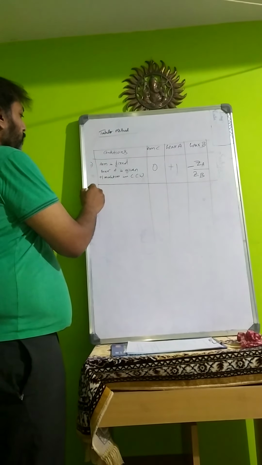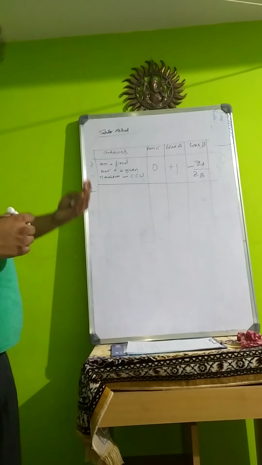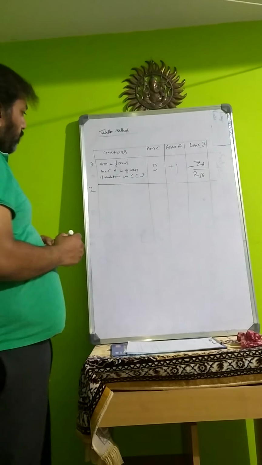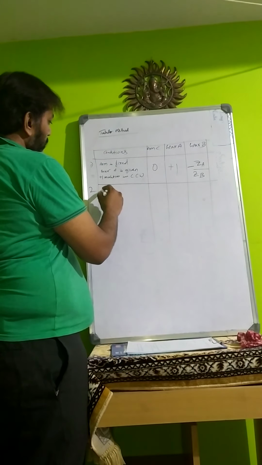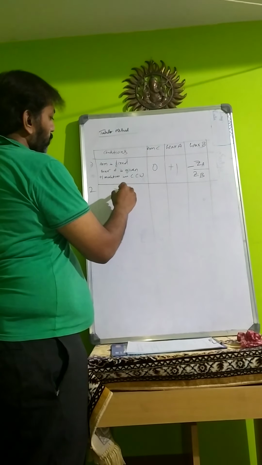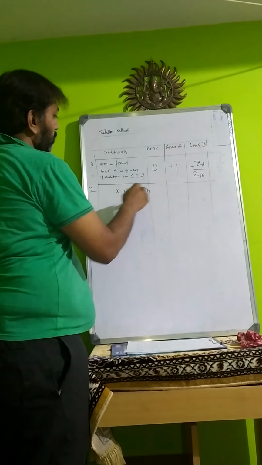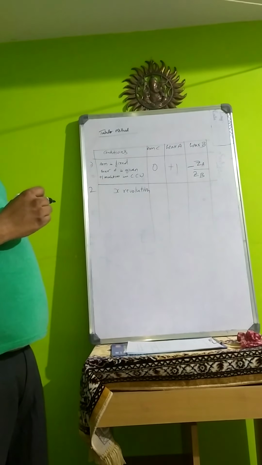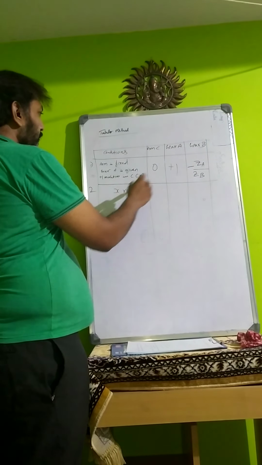Next, in the second row, we give another revolution, X revolutions, to the elements.